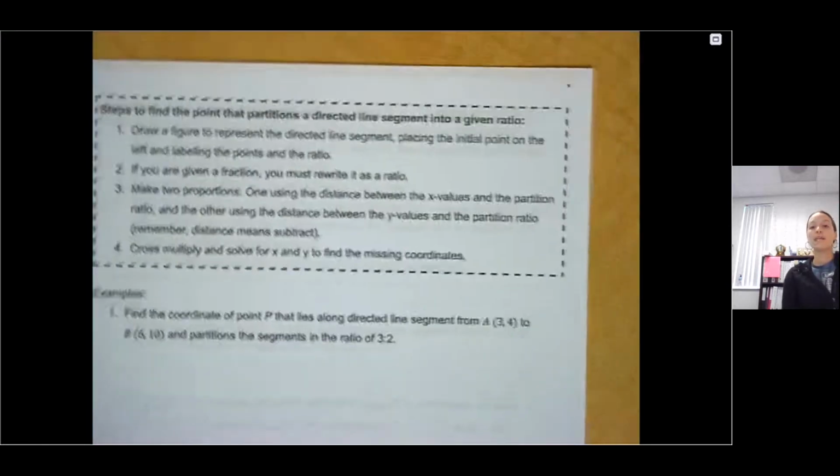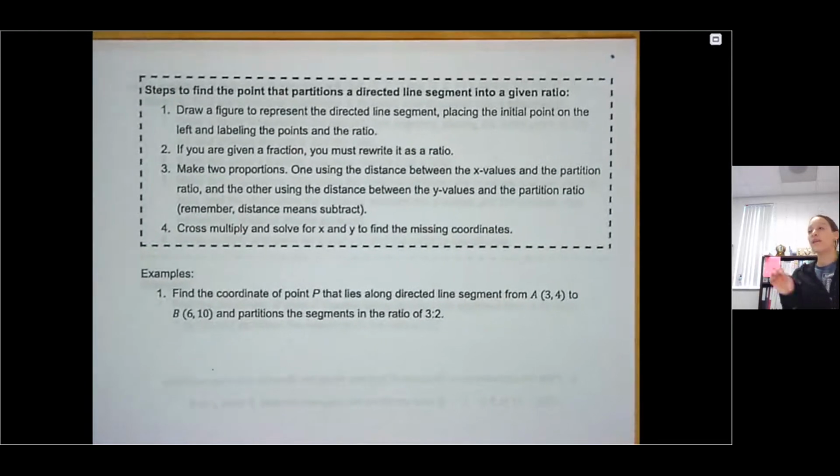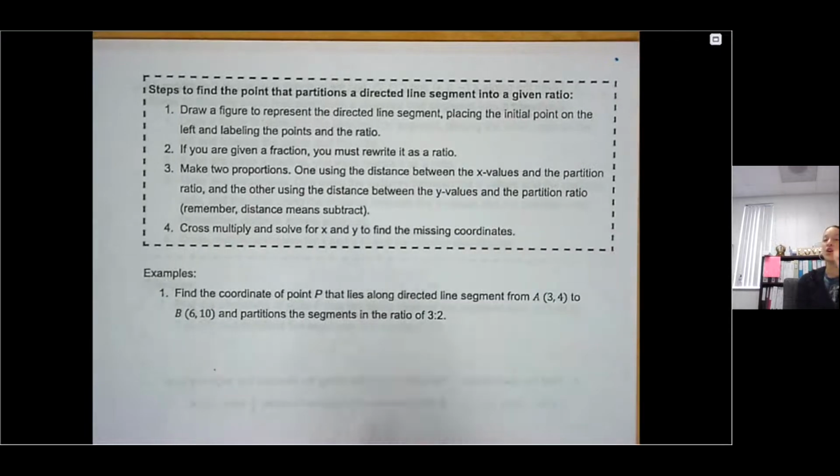So we've got a couple steps and we're going to follow these steps every single time we do a partition problem. Step 1, we are always going to draw a picture no matter what. And when we draw our picture, we're going to put our initial point or our starting point on the left and then label our points as we go. So your starting point is always on the left, just like you're reading a book, from left to right.